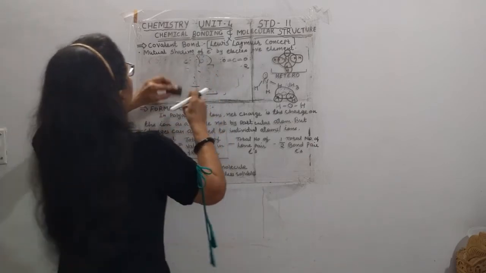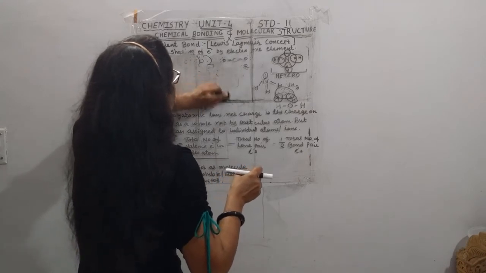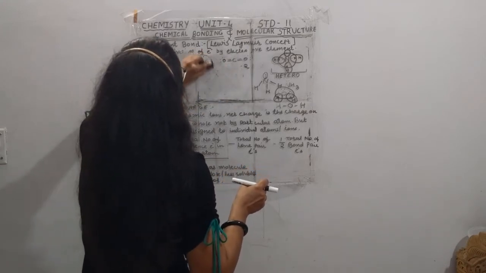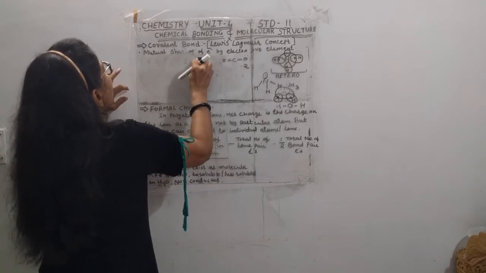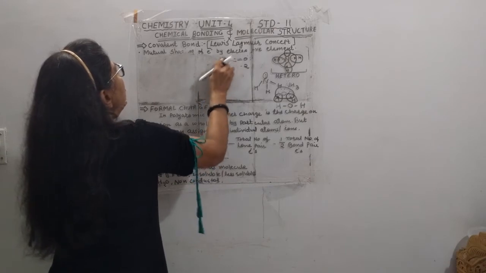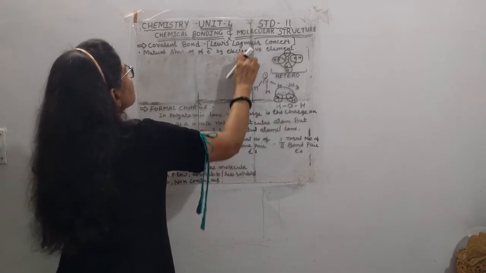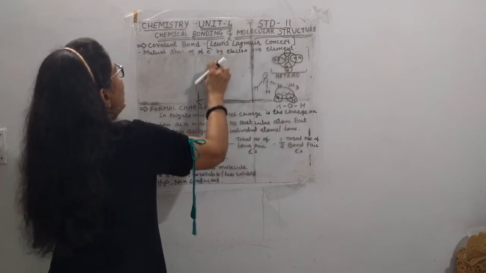Student, you have to practice drawing the Lewis dot structure, because it is asked in the exam, and for competitive exams some MCQs are also asked based on the Lewis dot structure. So just go and practice the Lewis dot structure of heteroatomic molecules.